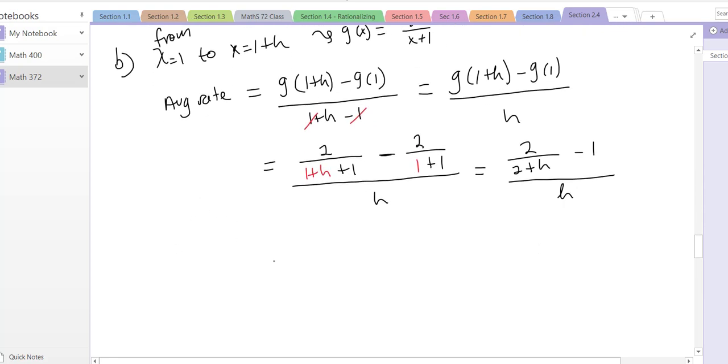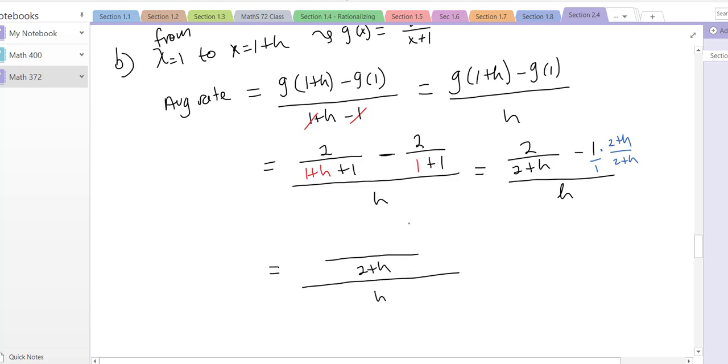So common denominator is 2 plus h, so that means this one needs to be multiplied by 2 plus h on the top and the bottom. I put a 1 under there so that you know it's a whole number, it's still a fraction if you just put a 1 under it. So I'm going to have the same denominator of 2 plus h, the whole thing divided by h, right?